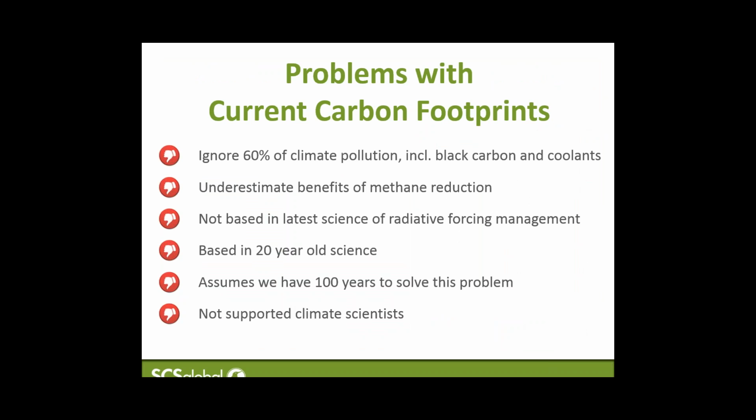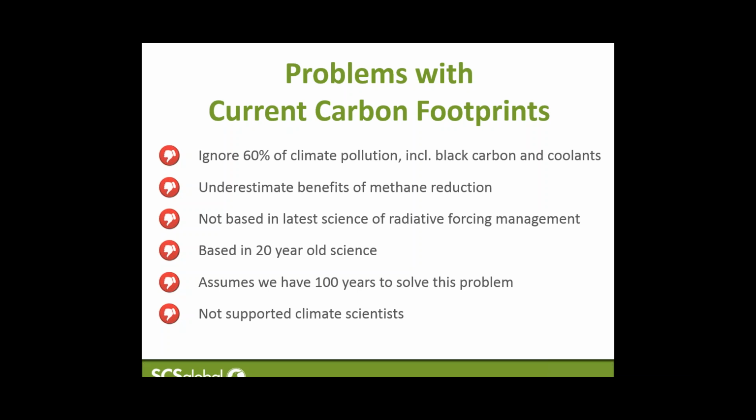Now, just summarizing some of the problems with these current carbon footprints, these are the ones being used in setting this policy through Paris, but they're also very commonly used in company carbon footprints. Some of their major problems: for one, they ignore 60% of climate pollution, including black carbon and these coolants, so they can't identify the benefits of reducing black carbon or the unintended consequences of reducing coolants.